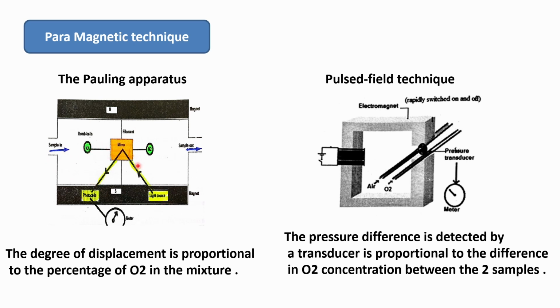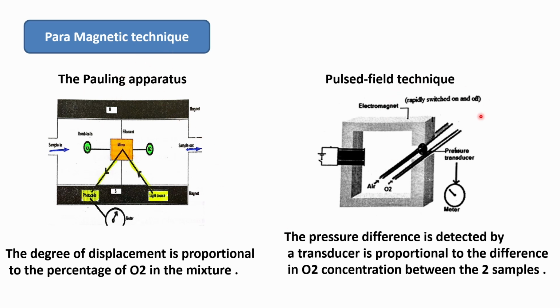So the light reflection will increase and decrease according to the concentration of oxygen passing through. The degree of displacement of the mirror, and the reflection of the light to the detector, is directly proportional to the percentage of oxygen in the mixture. This is the first device, the Pauling.